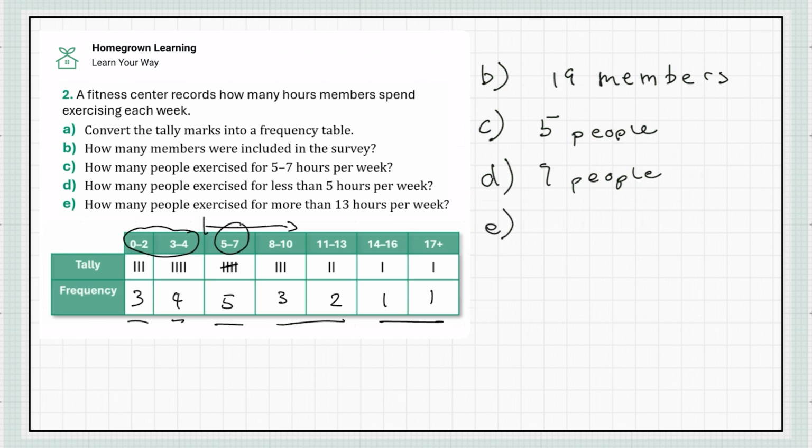And then E, how many people exercise for more than 13 hours? Here's our cutoff at 13. Everything beyond this is what we're interested in. So only 2 people out of our selected group of respondents exercise for more than 13 hours a week.